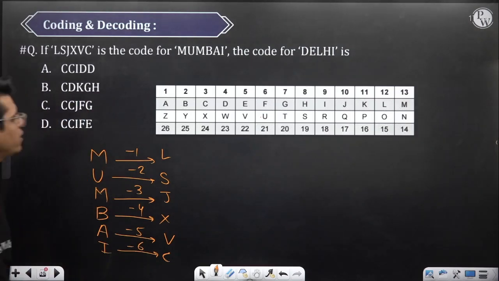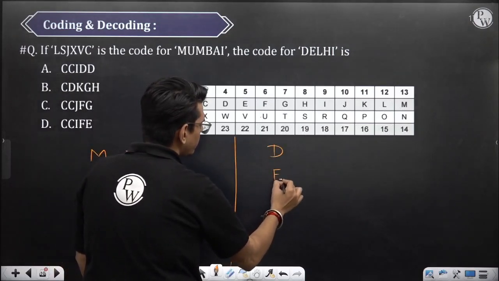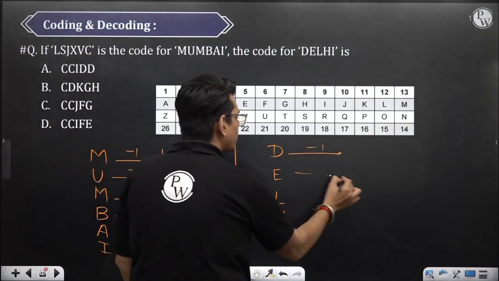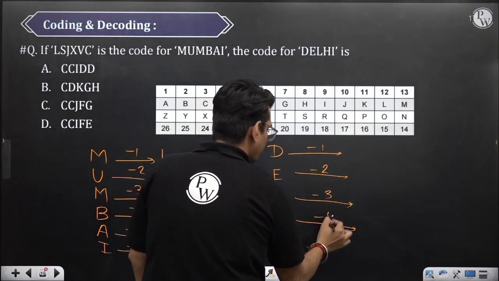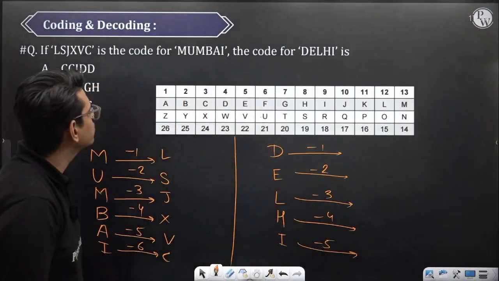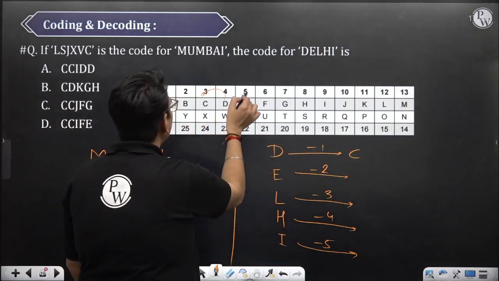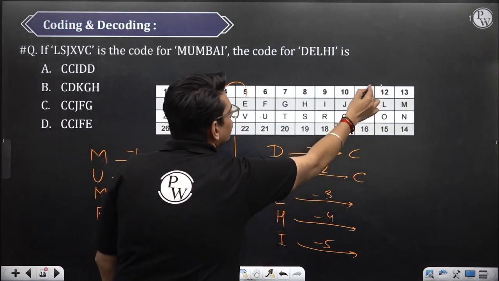So now we need to find the code for Delhi. Right? This will be nothing but -1, -2, -3, -4, and -5. Okay. So D -1 is C. E -2, 1, 2. This is again C. L -3, 1, 2, 3.